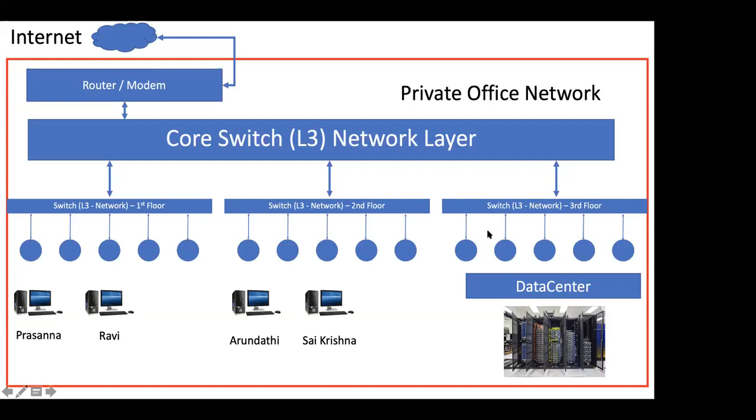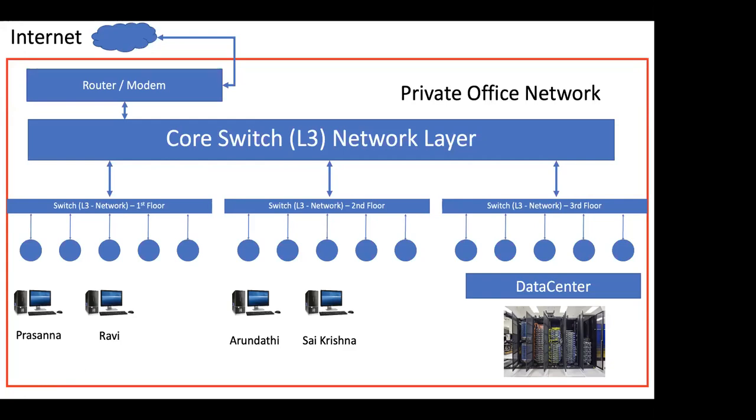Now the AWS public cloud has to coexist in this architecture, correct? I have my private office network, this red box, with all the network components in it. If Ravi implements AWS for this company, then the AWS cloud should look very similar to my office network.